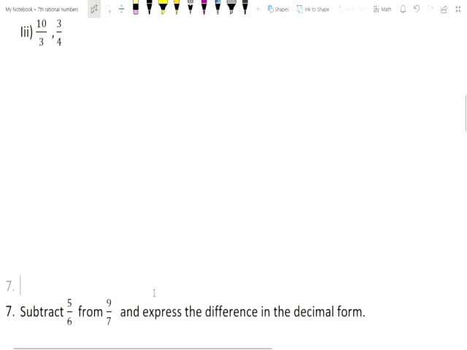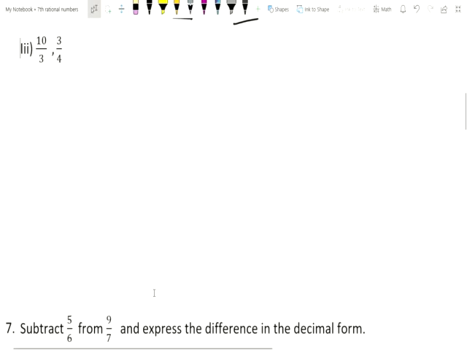10 by 3, comma, 3 by 4. First you convert into decimal form. 10 by 3, first you take this. 3 3s are 9. Subtract this, 1. Keep the decimal.